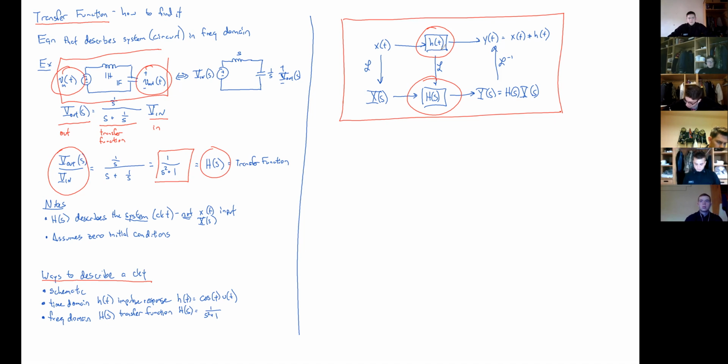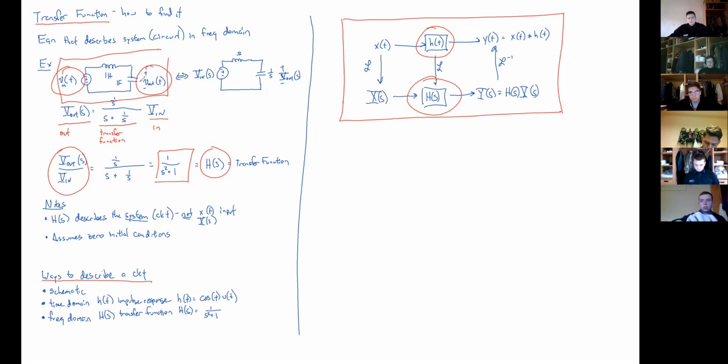Just before I let you go, and I think our class is coming to an end in a minute, realize that H(s) is the ratio in the frequency domain between the output and the input. If we were to take a different output, if we were to say, instead of taking it across the capacitor, maybe we took it across the inductor, or maybe we're looking at the output as being the current in our system, our H(s) would be different. But here's the mind-blowing part too.